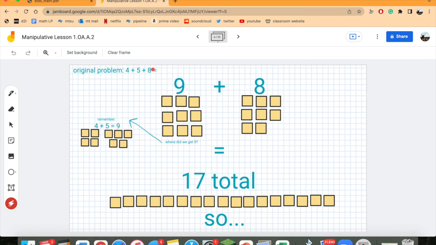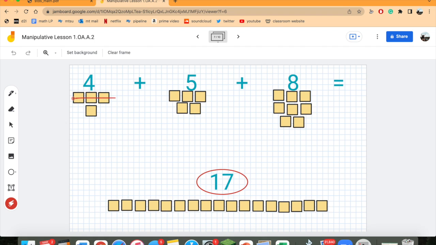And then we have the 8 left over, so we add 8 to the 9 to get 17 total. So, from all of that information, we know that 4 plus 5 plus 8 is 17. So we've done one example of how to add 3 whole numbers together.